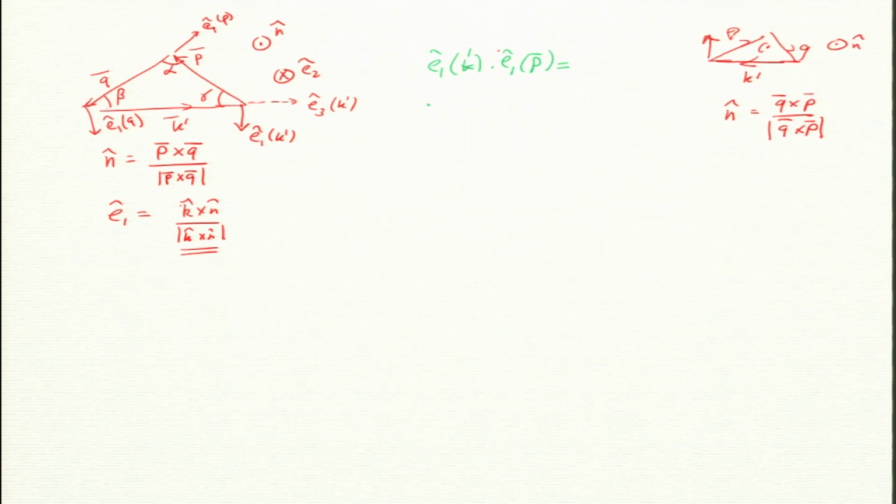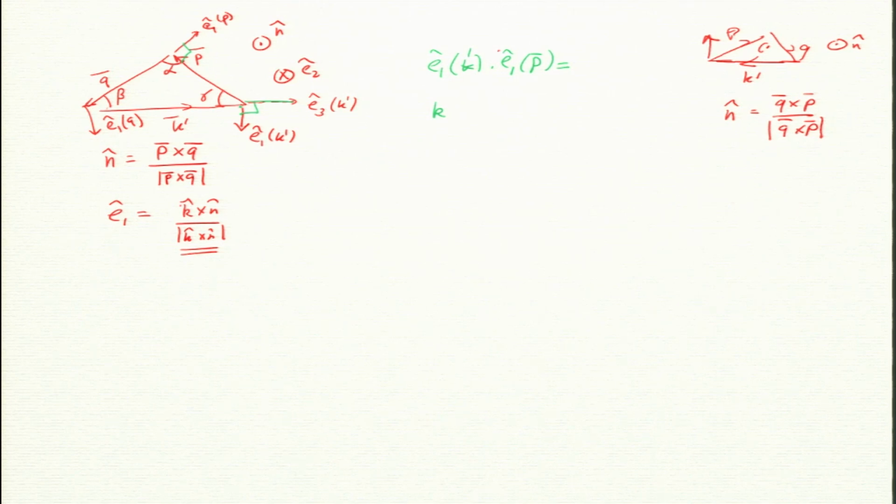So, let us look at how to compute E1 k prime dot E1 P. Now from here you can see that E1 dot E1 is the same as E3 dot E3. Can I say this? I rotate my E1 by 90 degrees, so this is 90 degrees, this is 90 degrees. So, this is E3.